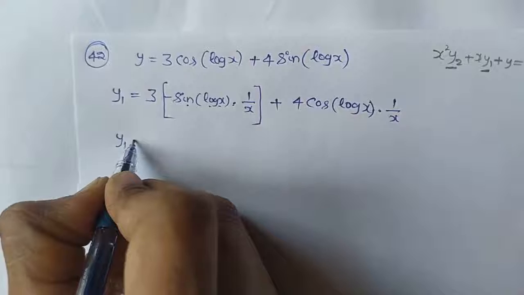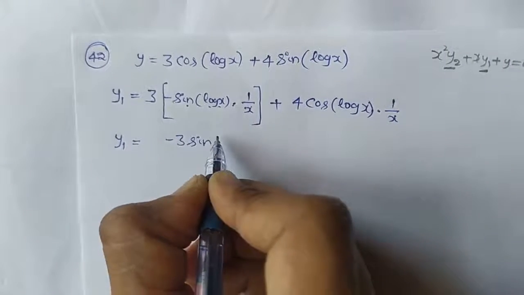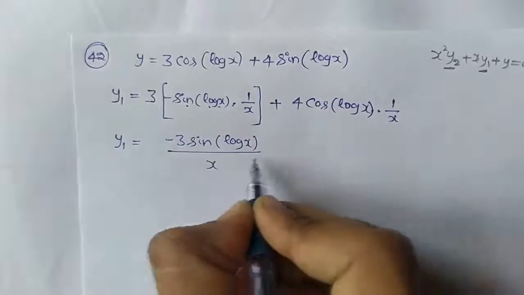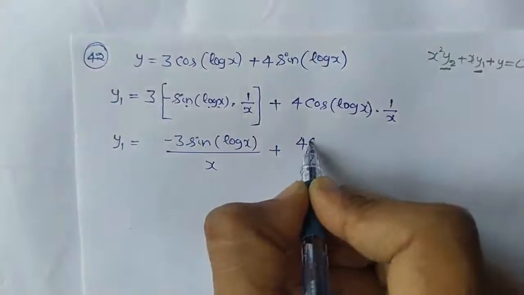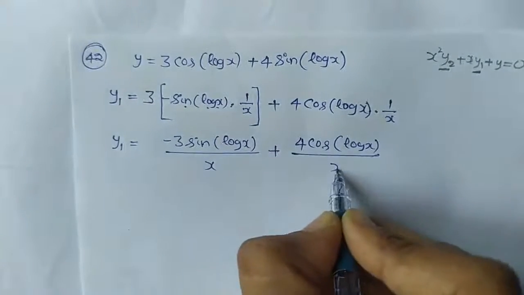So y1 equals minus 3 sine of log x divided by x plus 4 cos of log x divided by x.